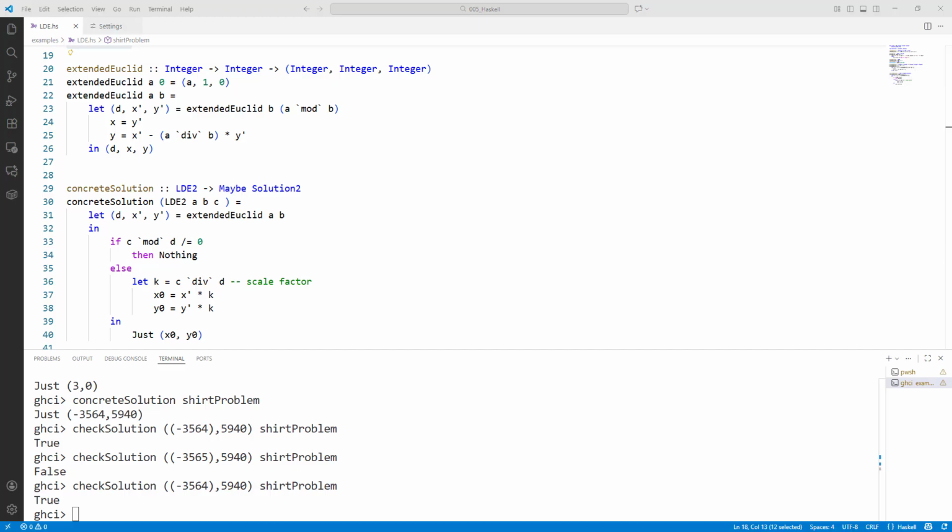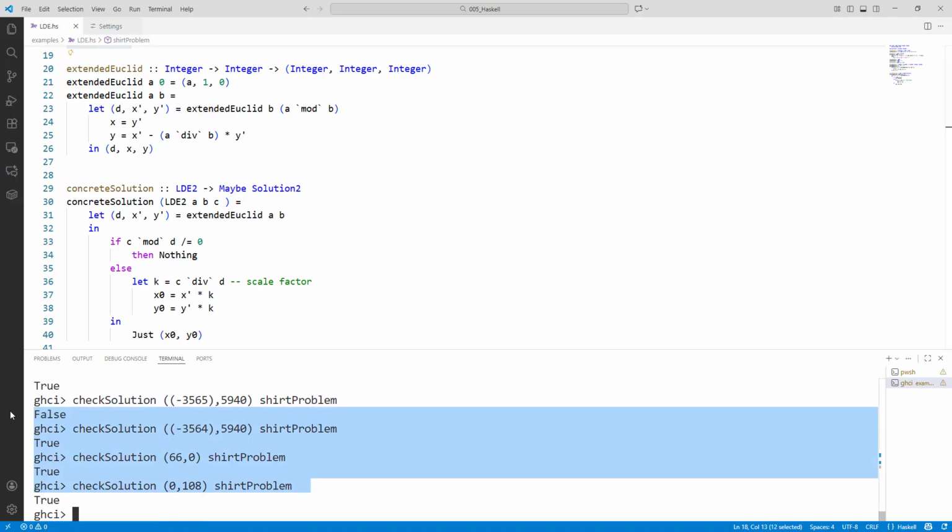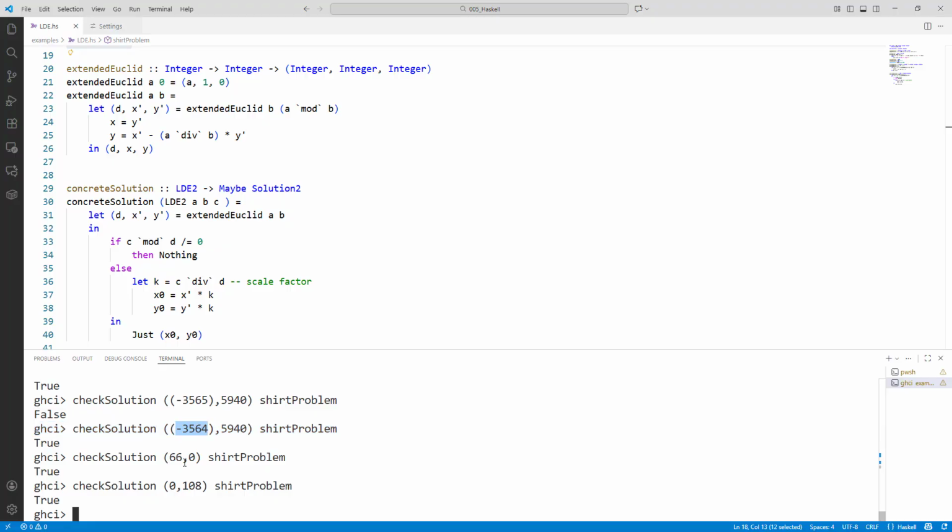So anything can be a solution. Our 66,0 here from before is also a solution. This is our previous, I think it was 0,108. And actually, if you want to buy shirts, you wouldn't be happy with either of these three solutions. Probably not with this one. These ones are okay-ish to know the corner cases. But the thing is that all the solutions are part of the solution space.